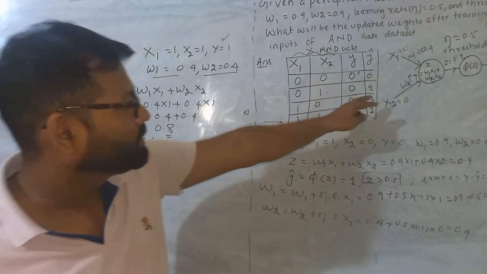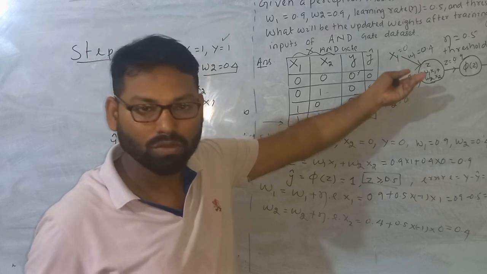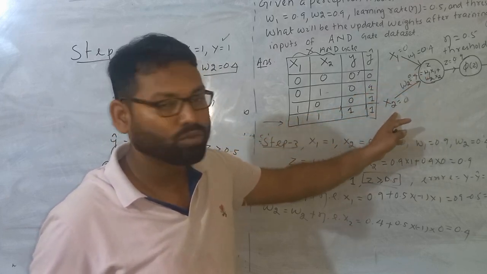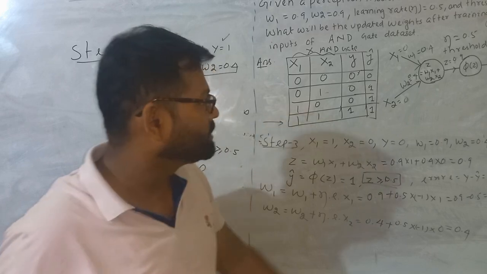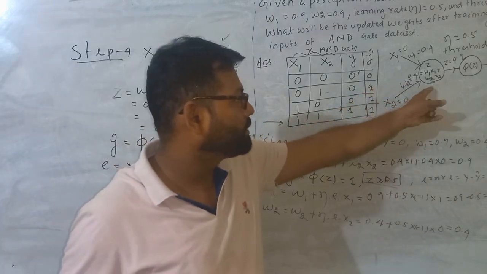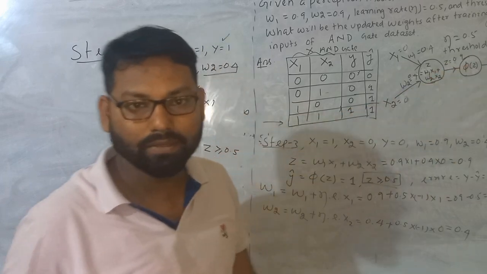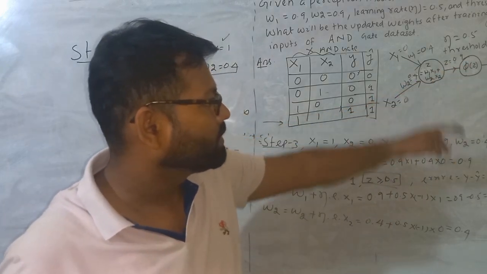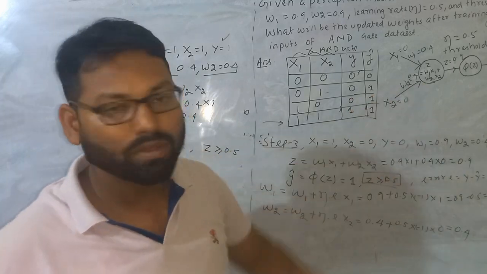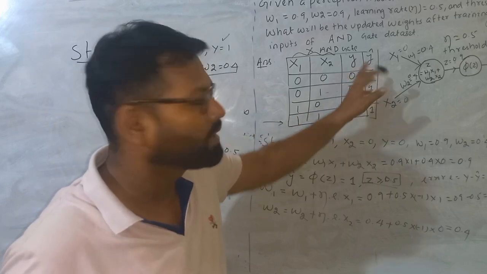W1 0.4 into x1 0 plus W2 0.4 into x2 0 gives z equal to 0. Passing it to the activation function, this value is less than the threshold 0.5, so the output is 0. The predicted output is 0, so my real output and predicted output match.